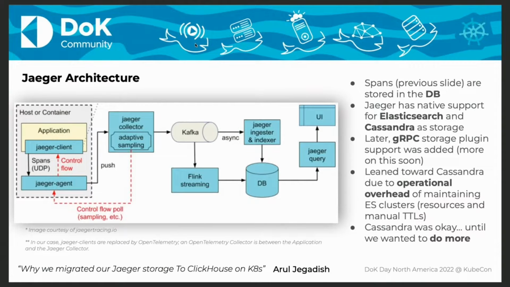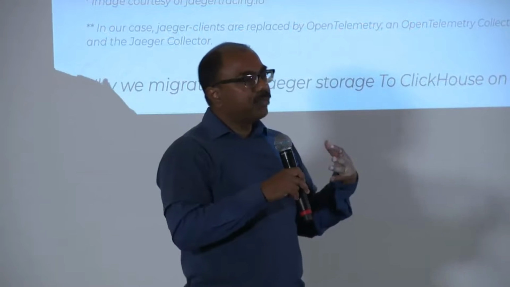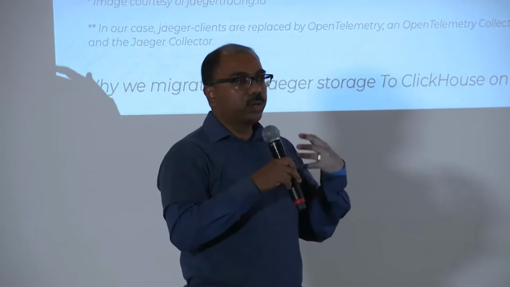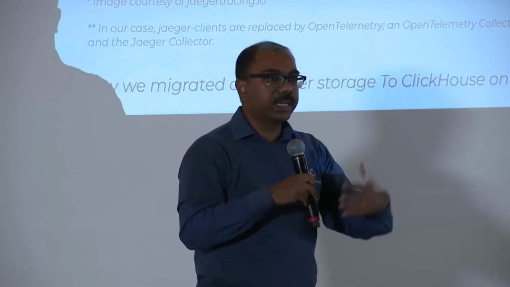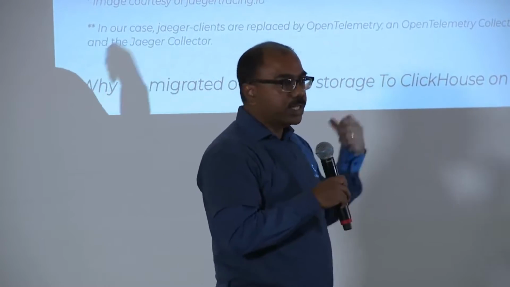The common storage options are Elasticsearch and Cassandra. In our case, we started off with Cassandra as the storage engine. We didn't want to run a bunch of Elasticsearch clusters. Cassandra served us really well till we wanted to do more with the data. We wanted to do a lot of analytics on the trace data that came into our backend. So then we started looking at other options.